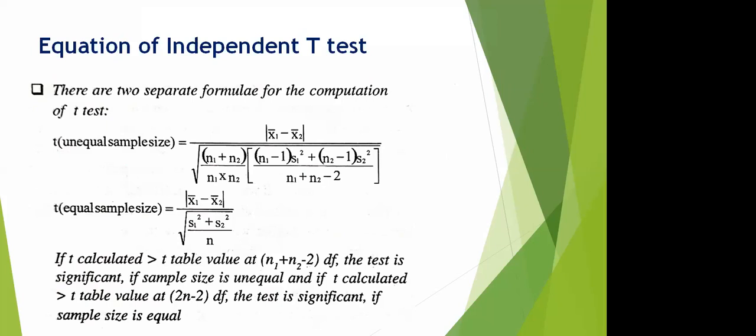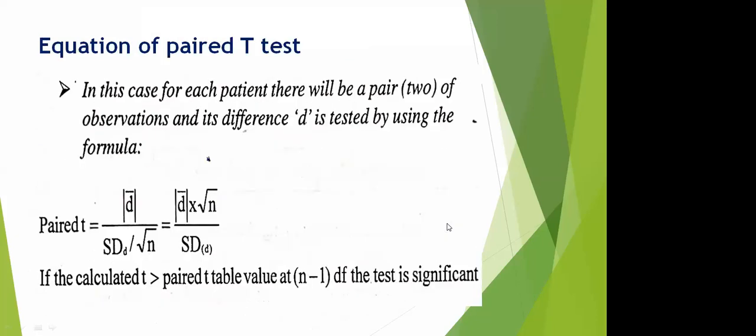For an independent sample t-test, if we have two groups with unequal sample size, this is the formula we use, and for equal sample size, we use this formula. For the paired t-test, we take the difference of post-test to pre-test, and this is the formula for calculating the paired t-test.